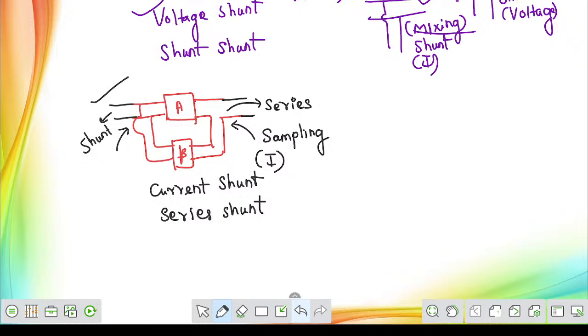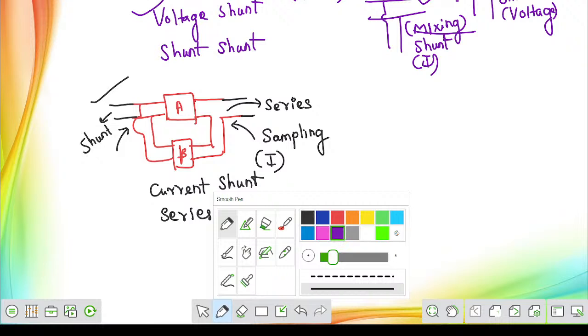Another most important factor that you must know here is the input and the output impedances. Always remember, forget about all these things, input and output.